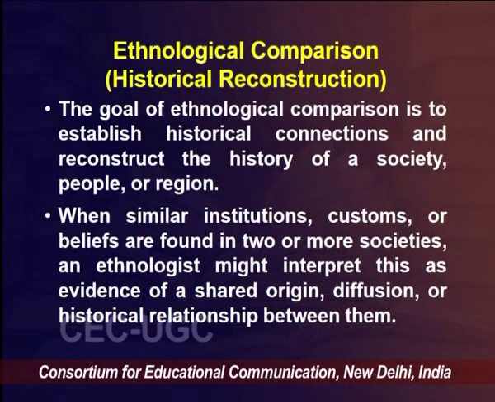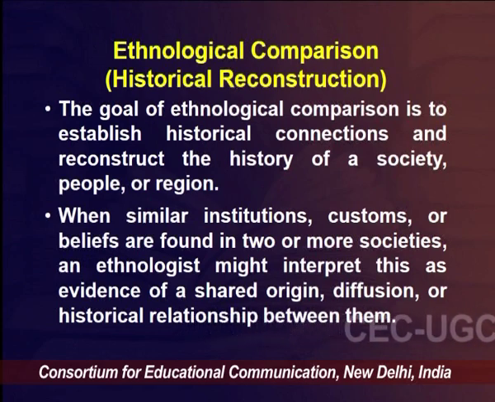When similar institutions, customs, or beliefs are found in two or more societies, an ethnologist might interpret this as evidence of a shared origin, diffusion, or historical relationship between them. Now, how is social anthropology different from ethnology? That refers to theoretical analysis.